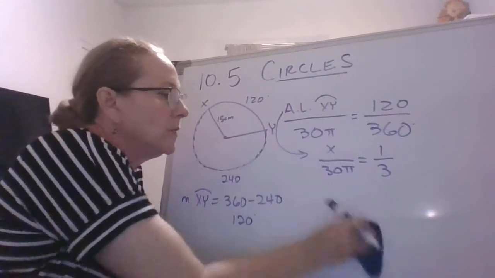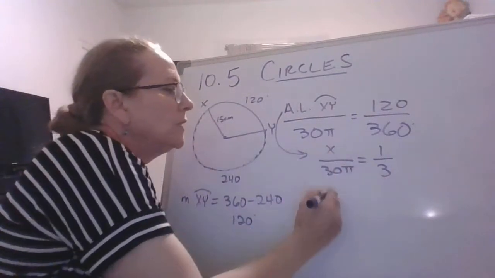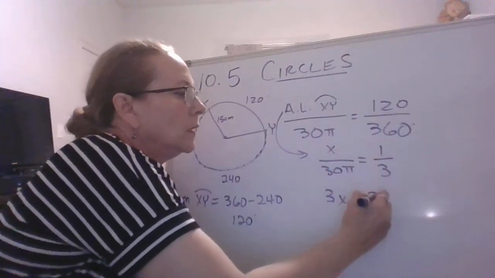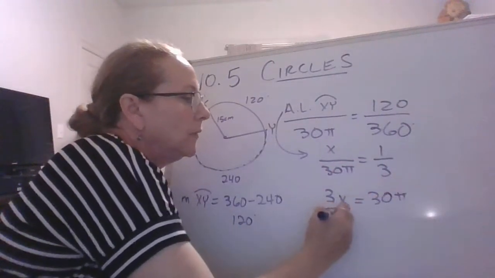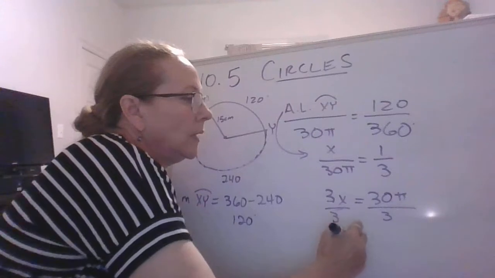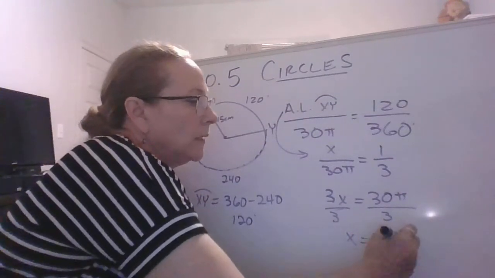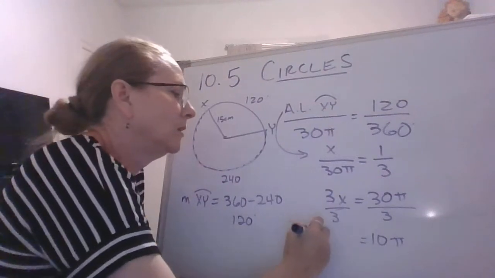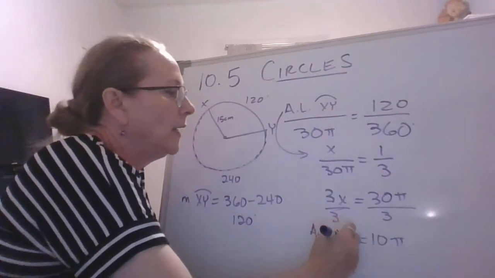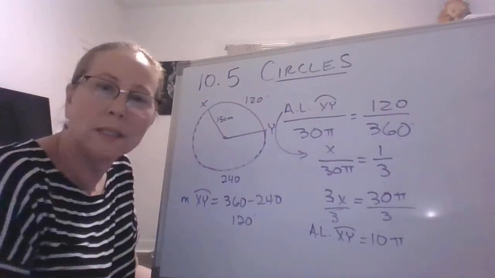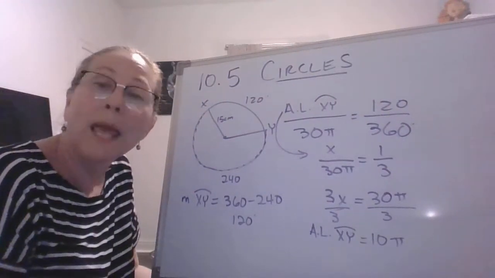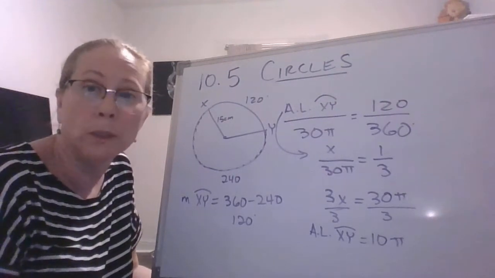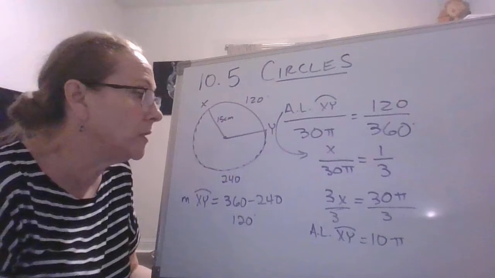Well, let me get the circumference out of the way. 3 times x, representing our arc length, is equal to 30 pi divided by 3. x is equal to 10 pi. So that means our arc length of XY is equal to 10 pi, exact. And if, again, they ask you to approximate it or to multiply by 3.14, you can do that. Just follow the rounding instructions from MyMathLab.